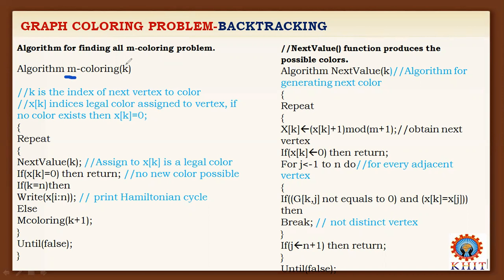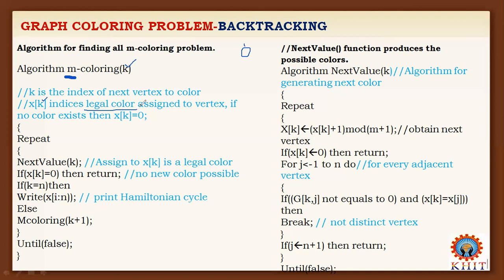Here, consider K. K stands for the vertex indices. The vertex indices will be represented by K. So x of K indicates legal colors. Legal colors means red color, green color, yellow color, blue color; these are considered legal colors.